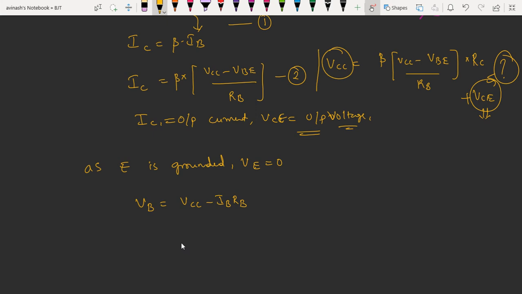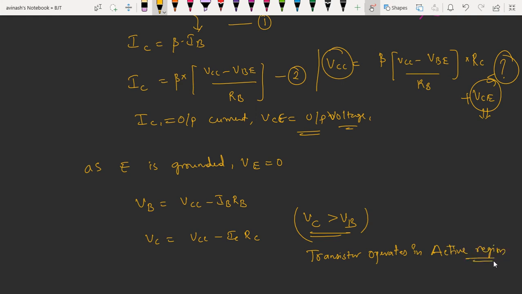The collector voltage is nothing but VCC minus IC into RC. The collector junction gets reverse biased when VC is greater than VB, and then the transistor operates in the active region.